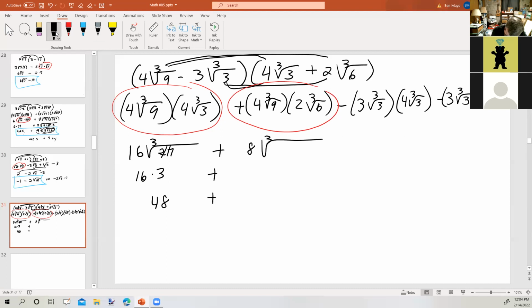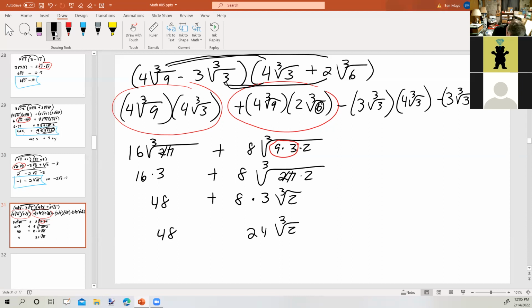Cube roots of 9 times 6 could be written as 9 times 3 times 2, which could be written as the cube root of 27 times 2. So I'm going to take that 6 and pull it apart as a 3 times a 2 so that I can put this and this together to get 3 cubed or 27. So this is 8 cube roots of 27, which is 3, times the cube root of 2. So that's 24 cube roots of 2.